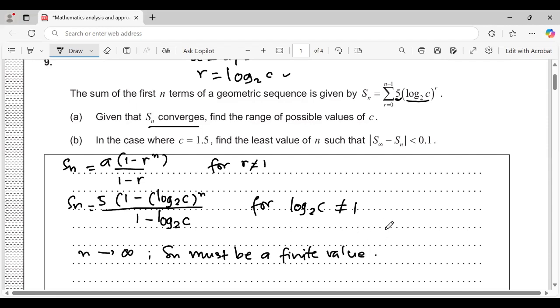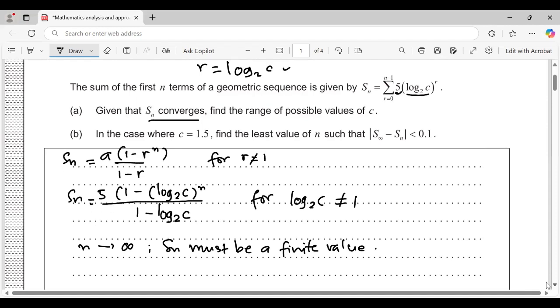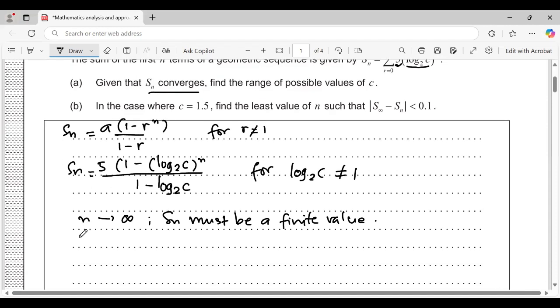For the geometric series to converge, the absolute value of the common ratio must be satisfied: modulus of log 2 C less than 1.